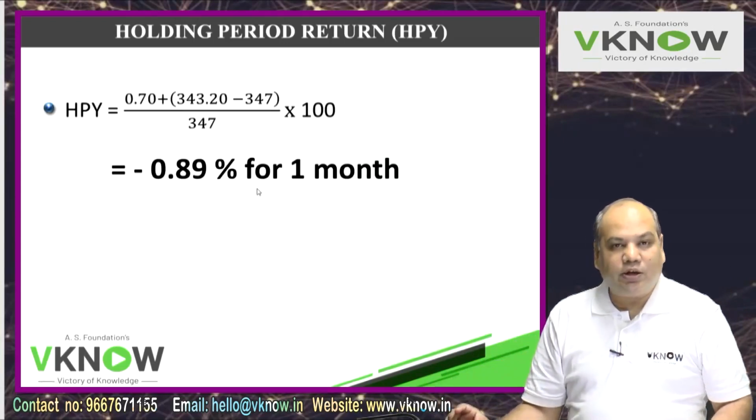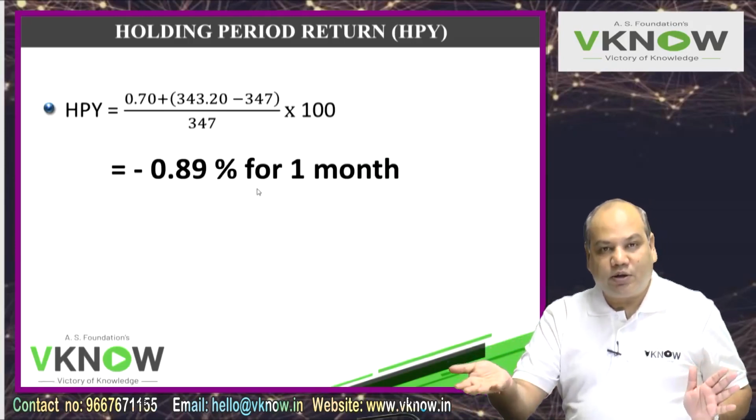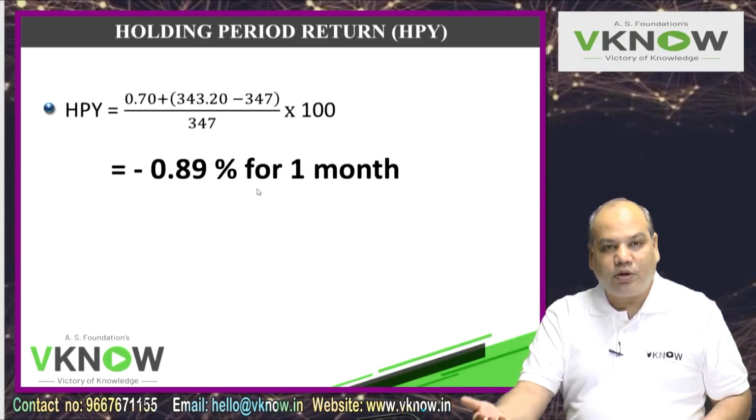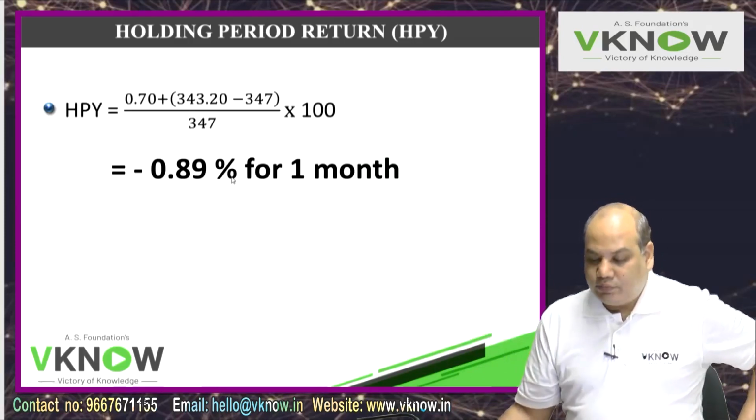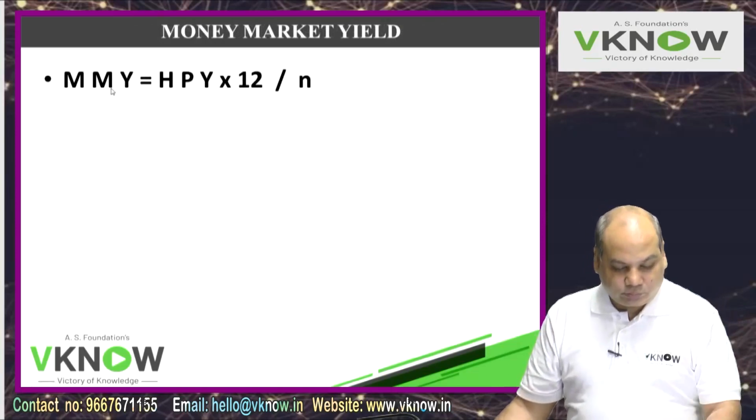So money market yield, what will it do? It will say for 1 month you get 0.89% negative return, so for 12 months you will multiply by 12. Therefore you write down money market yield will be equal to holding period yield into 12 by n.